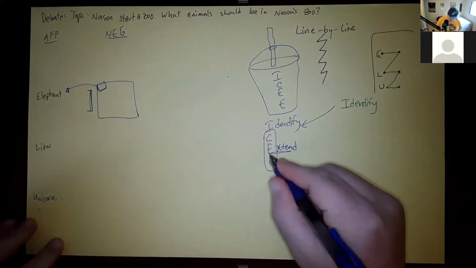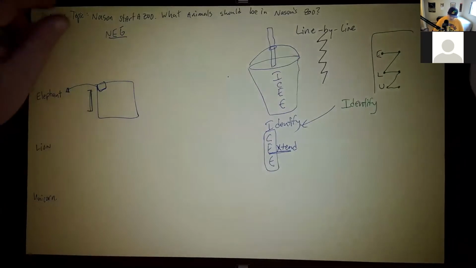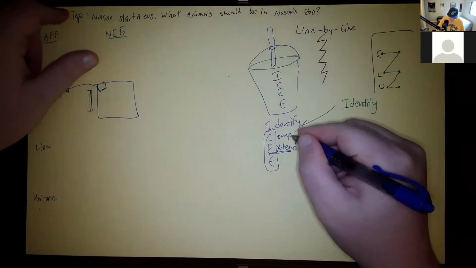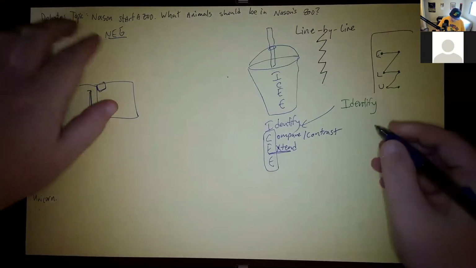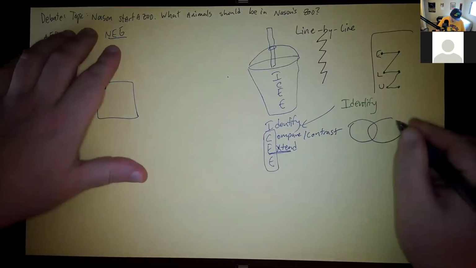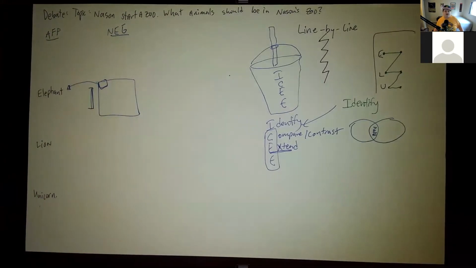If you can do this first, you should do this first, because it's taking a card or a piece of evidence or an argument that you already have and applying it to another portion of the debate. The next part is to compare or contrast. You've done this before, right? You've been doing this since elementary school. They make you do the Venn diagrams, what's different, what's not, all that type of stuff.